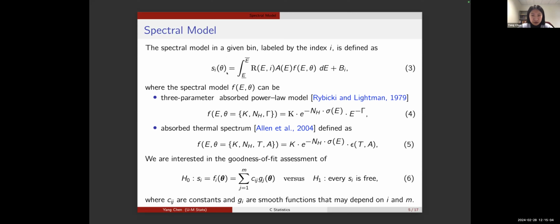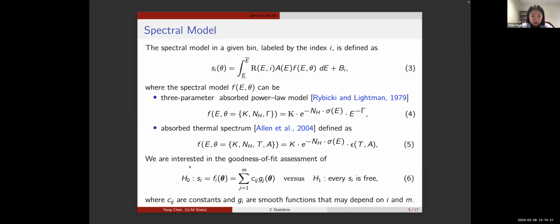We can always calculate a numerical approximation of the SI theta, which we cannot control the precision because the energy beams are pre-specified by the RMF. So that's one complication of the problem.